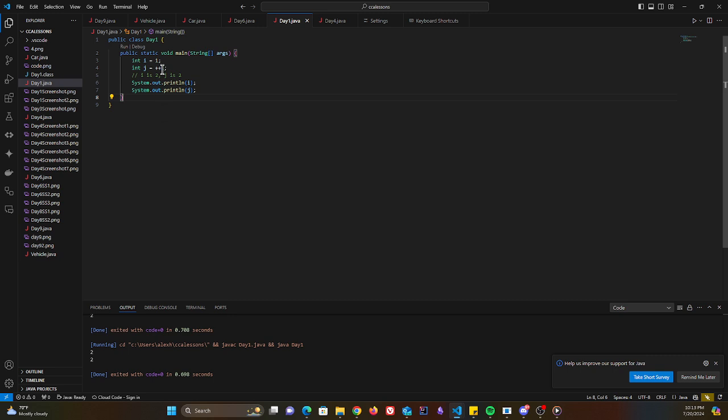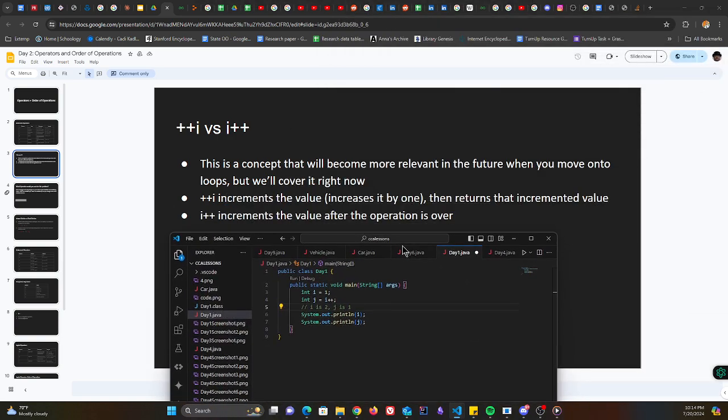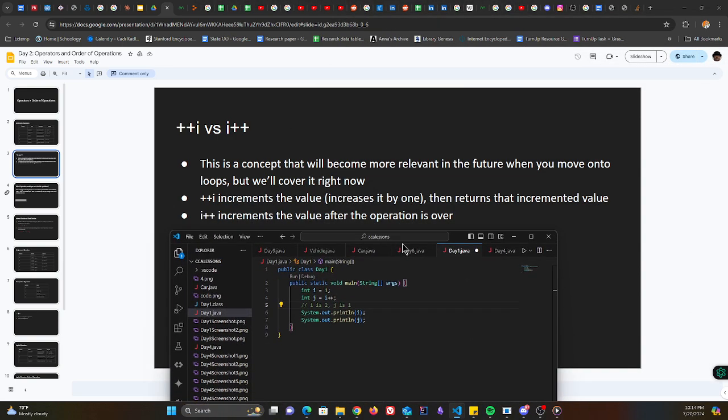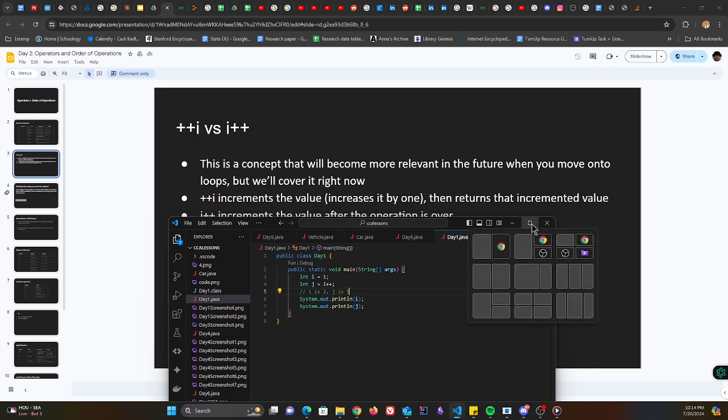And then if I do j equals i plus plus, what do you think will happen? Well, j would equal 1, because i increments by 1, but that happens after the operation is over.